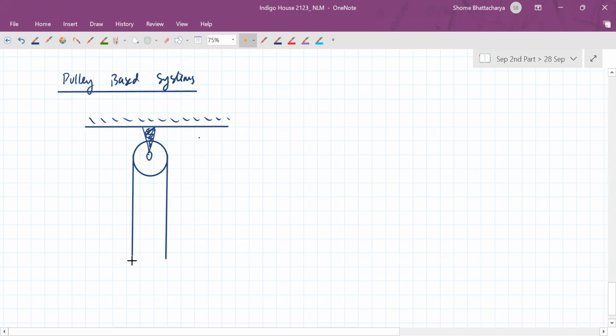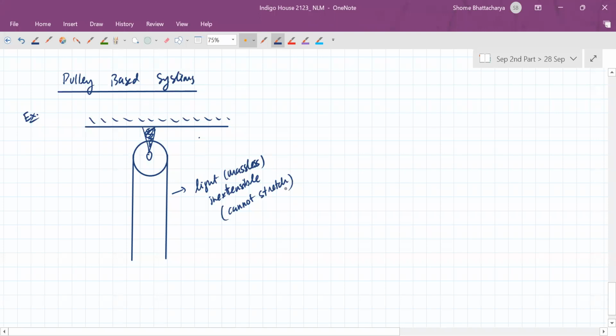So this is our first example of a pulley-based system for today. This is a light, or what we call massless, and also inextensible thread. That means it cannot stretch.